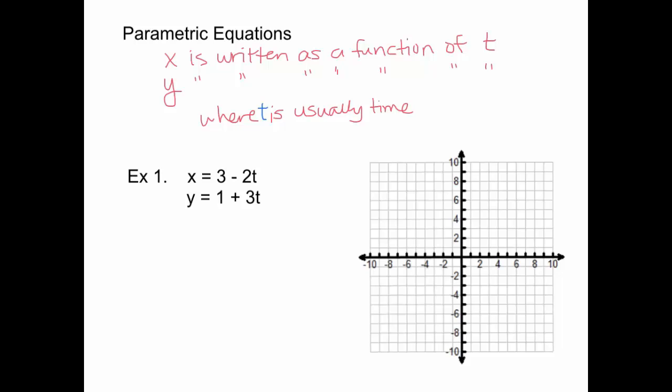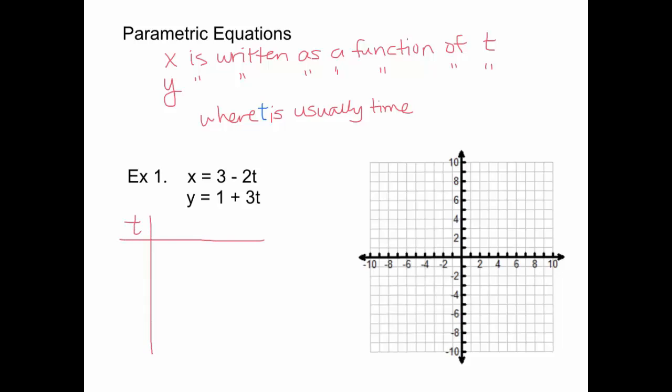So let's do an example to really start to get a feeling of what's going on here. So we have our x position and our y position defined differently. We're going to make a table, but we have to plug in t.